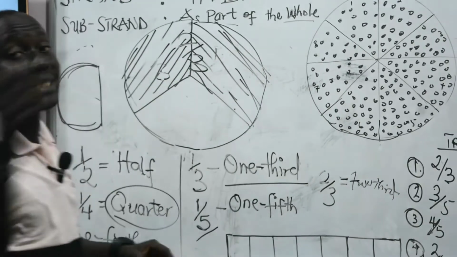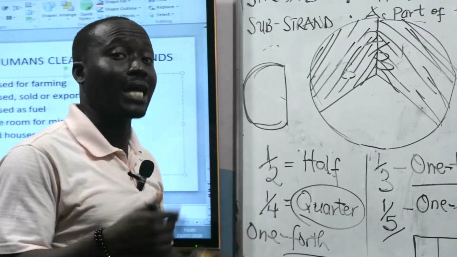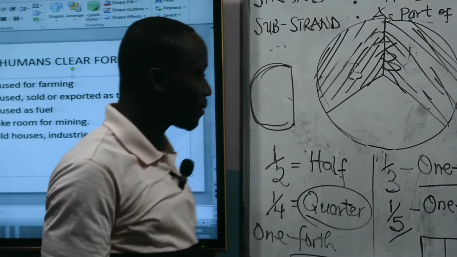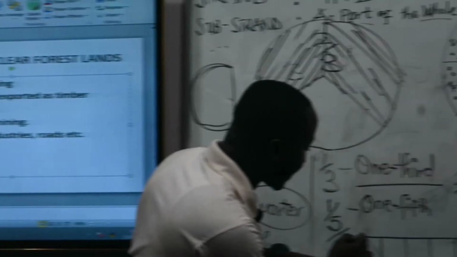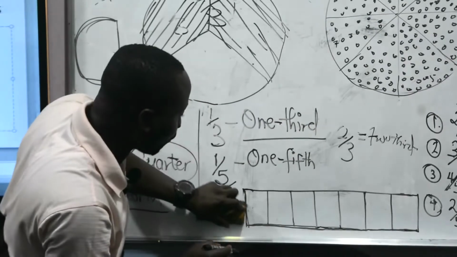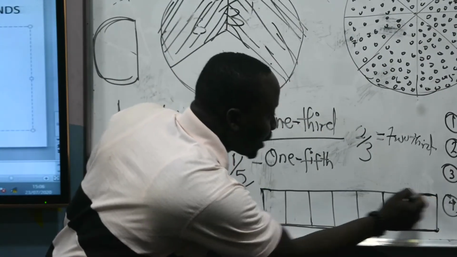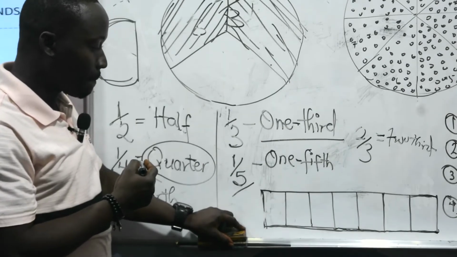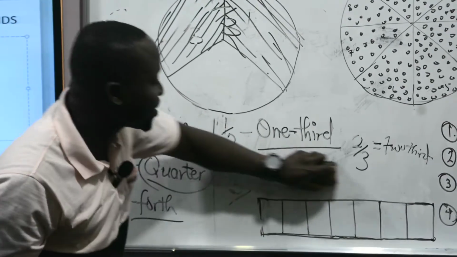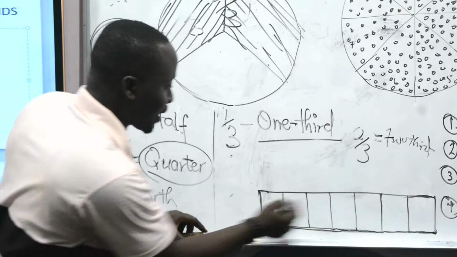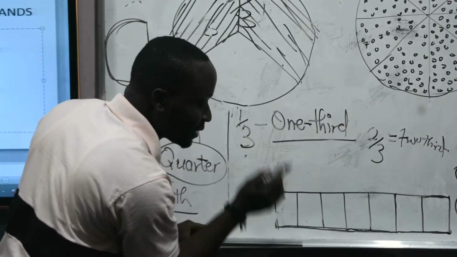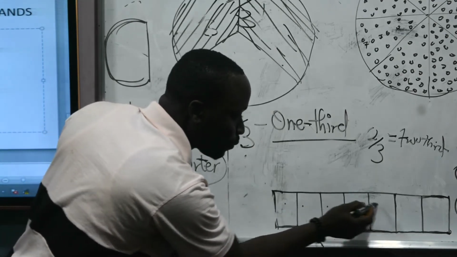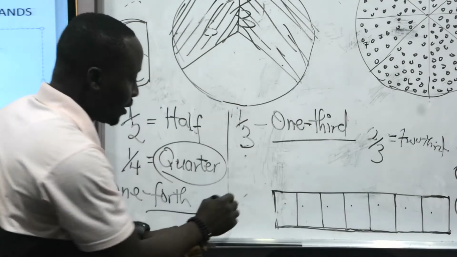We can have different types of fractions. You will learn about types of fractions in your next class. So, this time around, we are going to shade a fraction out of this rectangular object here. First of all, you consider the rectangular object is divided into 1, 2, 3, 4, 5, 6, 7 parts. 7 equal parts.